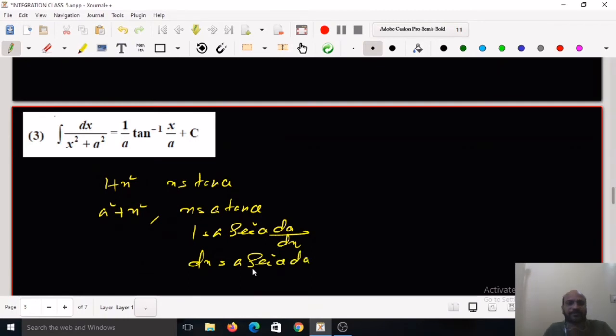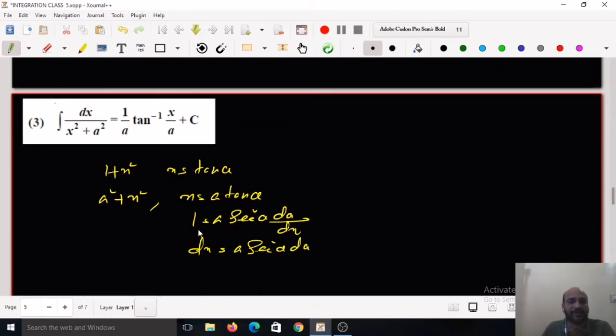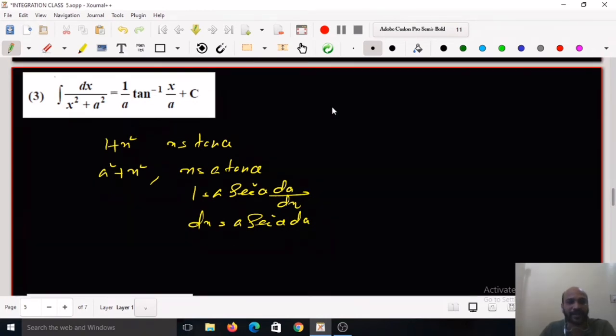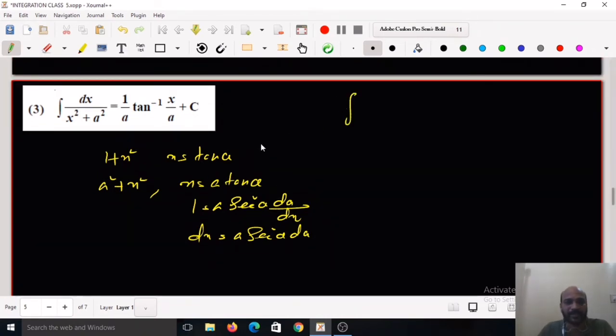So this question we can just rewrite as integration of, what is dx, that is a into sec square theta d theta. Denominator: x square is a square tan square theta plus a square.